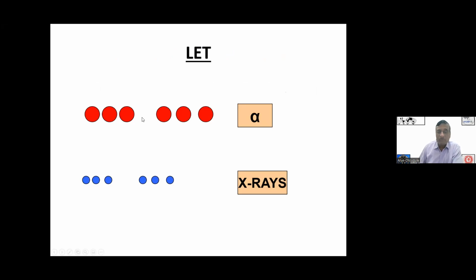So in a very short distance, they deposit a huge amount of energy, MeV per micrometer. So they are very high LET radiation. And X-rays, because they do not have mass, do not have charge, penetrate a long way and deposit the energy slowly.